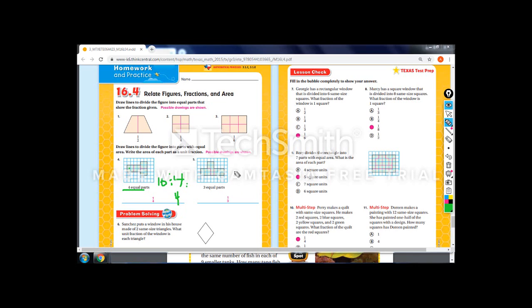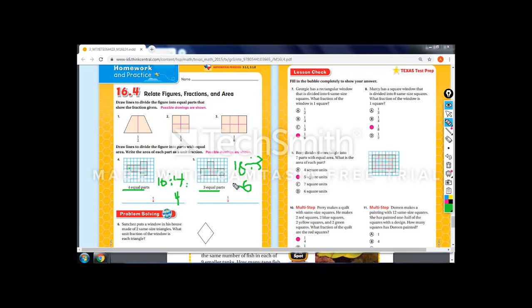The next one's the same thing. The first thing you have to do is get the total area first. Okay? And your total area here, once you count it, 6, 12, 18. Because you have to figure out how many are going to be in the shape that you make first. But the first thing you do is you figure out the total area. Then you divide it by the number of equal parts that you have, which is 3. You get an answer of 6.